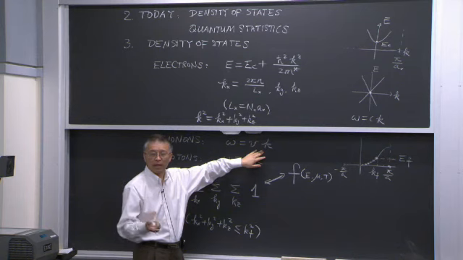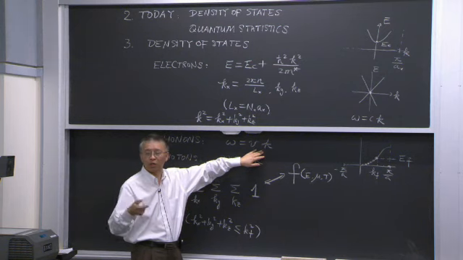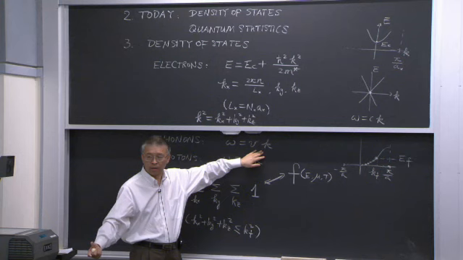So it does not depend on direction. In that case, it's much easier if I convert kx, ky, kz into just k, into a spherical coordinate, right?